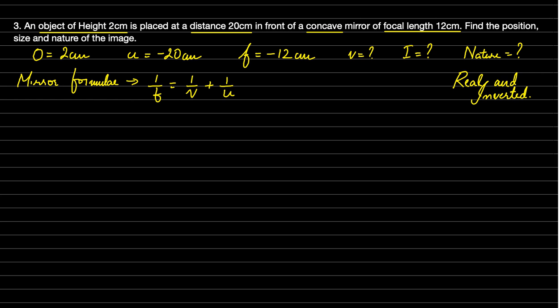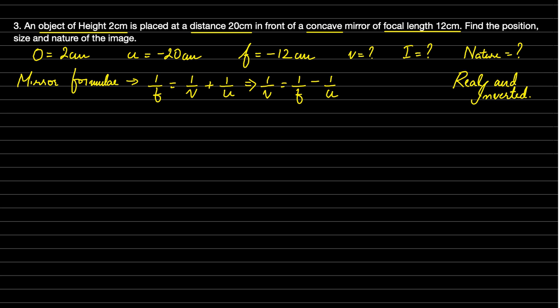Now I need v, so I would take 1 by u to the other side, and we get 1 by v is equal to 1 by f minus 1 by u. So we get this.